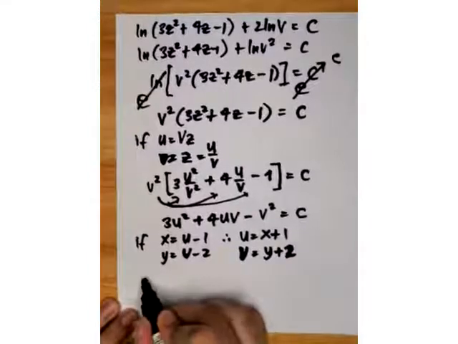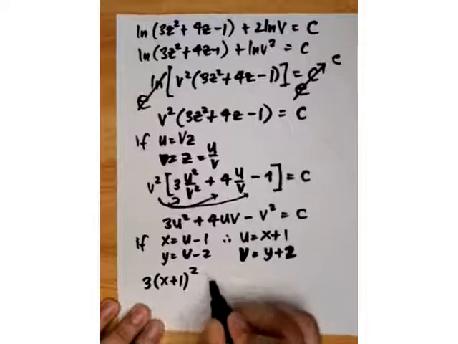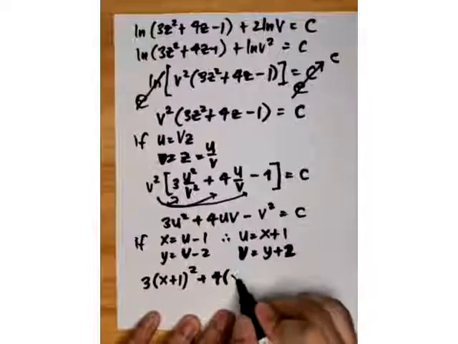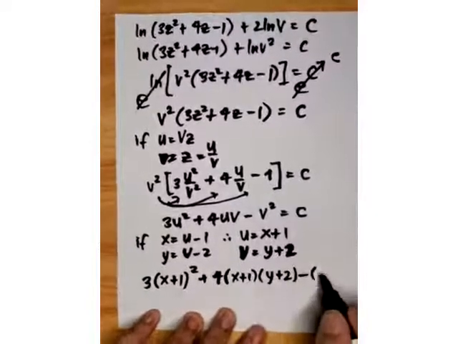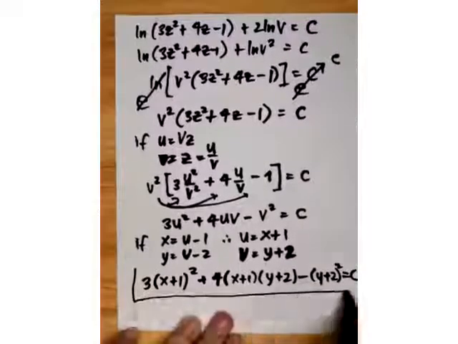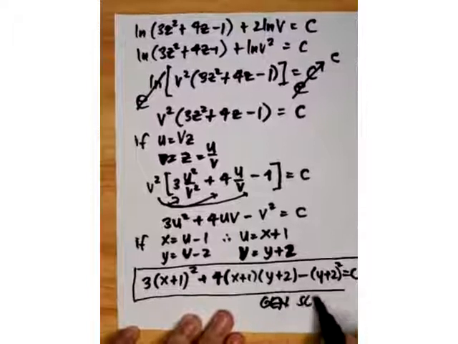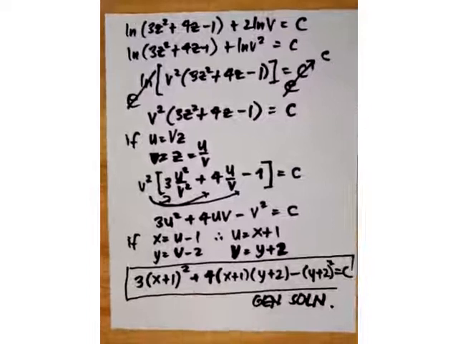So therefore, we'll have 3 times x plus 1 squared plus 4 times x plus 1 times y plus 2 minus y plus 2 squared is equal to c. Okay, so this is our general solution.